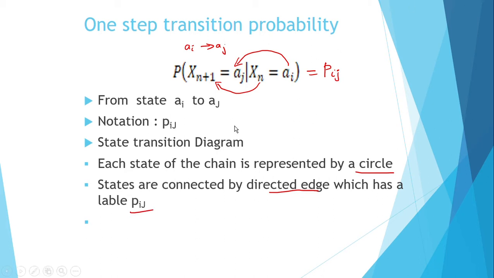Here Ai and Aj are the states. So in the diagram, draw circles Ai and Aj, connect Ai and Aj by the directed edge, and label it as Pij.